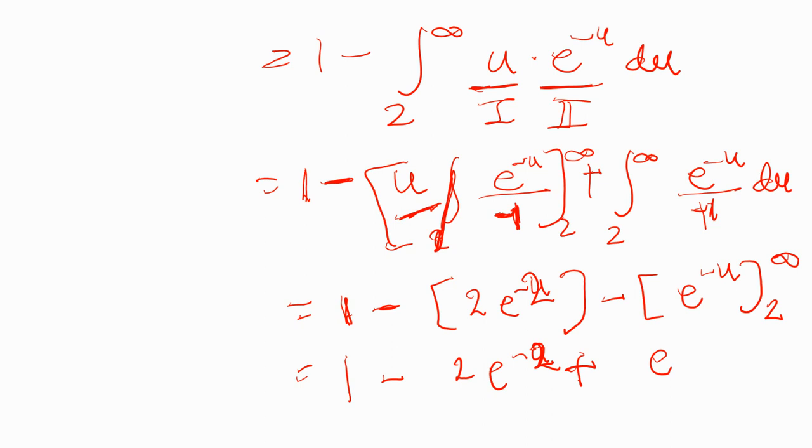Yeah, we did the integration, but when you do the integration, the limit applies on the whole part. Otherwise, your answer will be what? 1 minus u e to the power minus 2.